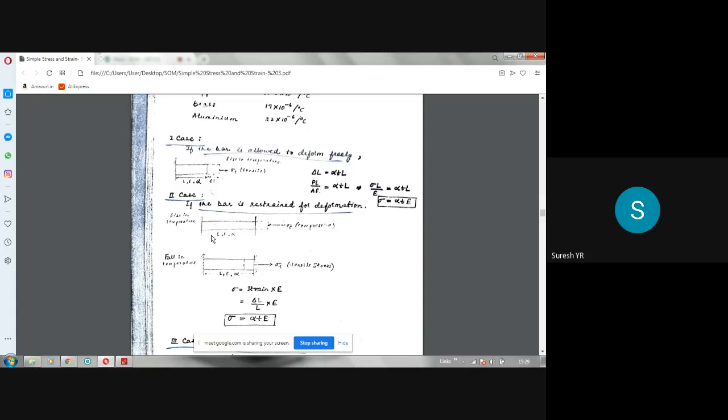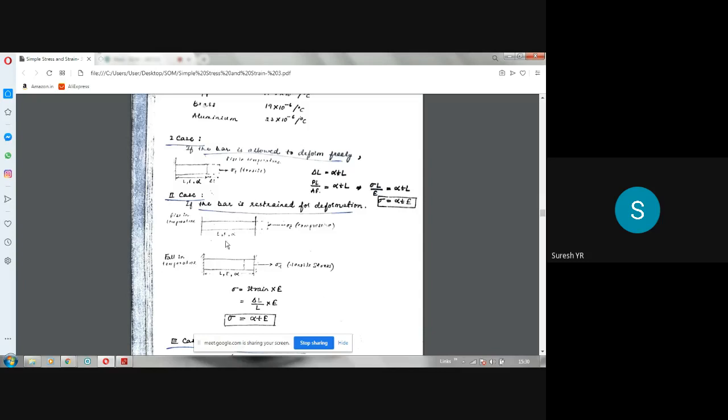What happens? Now, let us say there is a rise in temperature. The restrained bar is subjected to a rise in temperature. If the ends were free, it would have expanded. But here the ends are restrained, fixed. That means the ends cannot expand. In that case, to have equilibrium of the bar, a compressive stress should develop here.